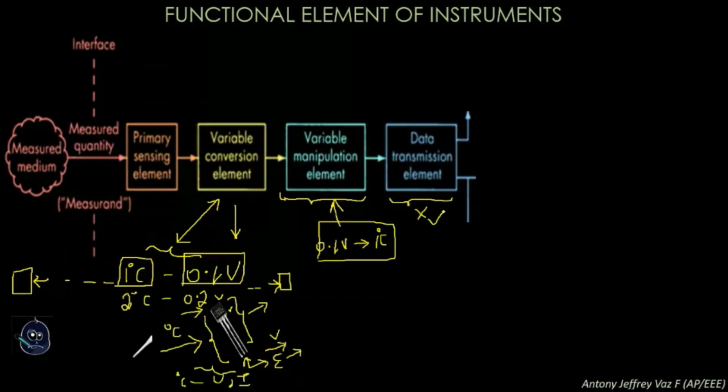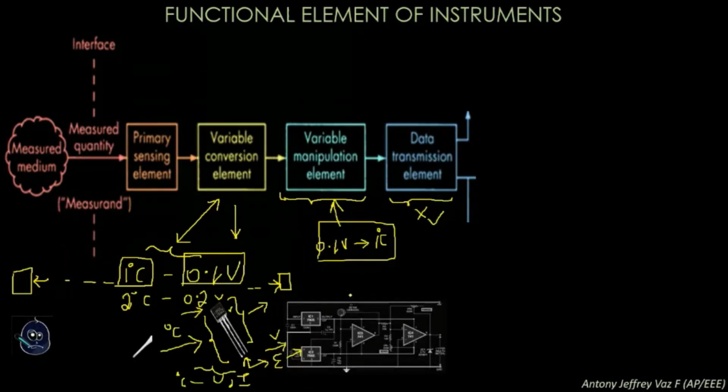present in the system. Here, the variable transmission, the variable manipulation element, and the variable data transmission element is done with the help of an electrical circuit.